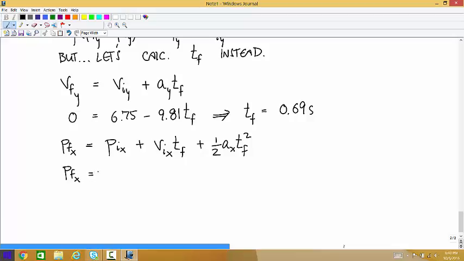So PFX is equal to 0 plus 3.9 times 0.69 plus 0. And so what do you get for PFX? 2.69.